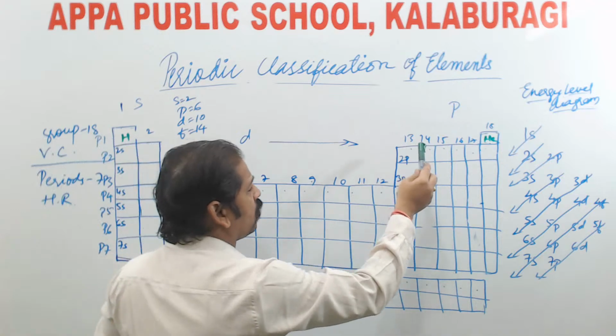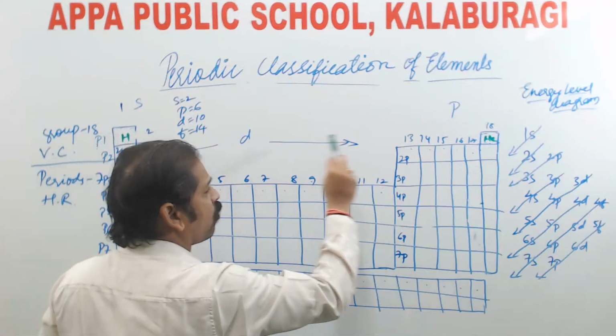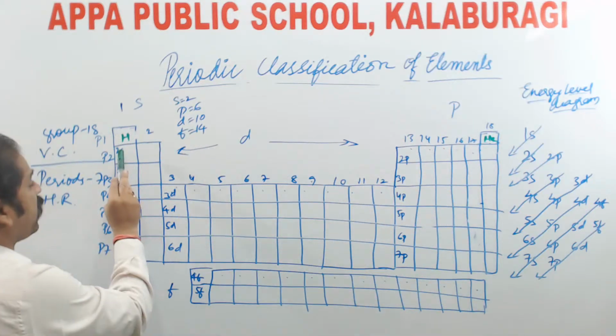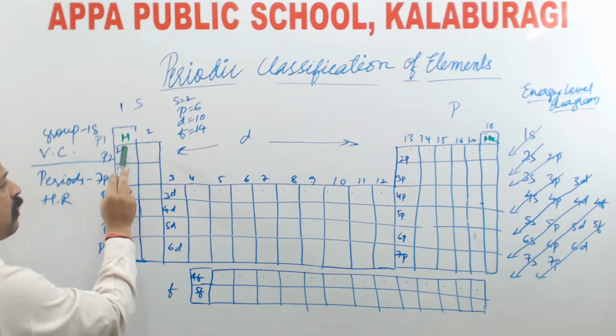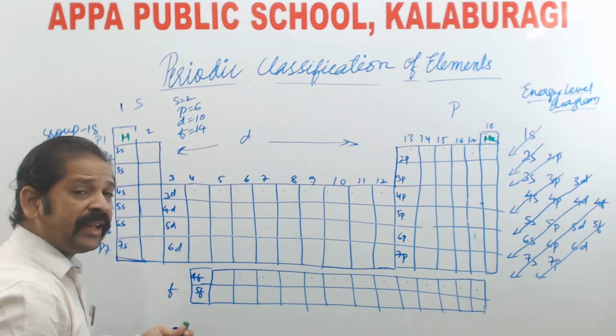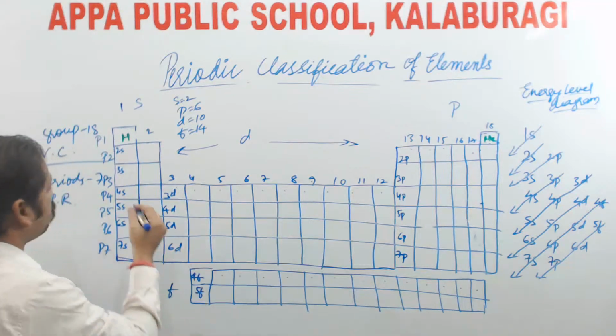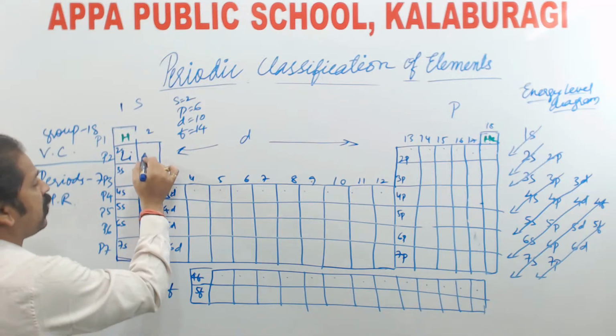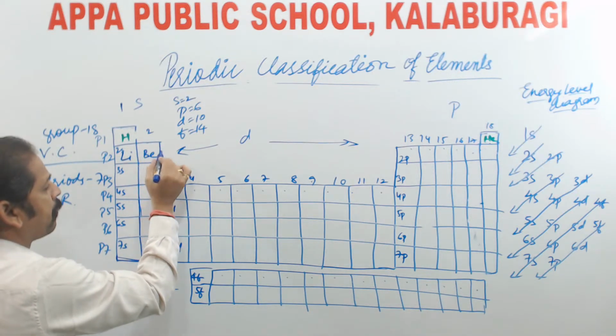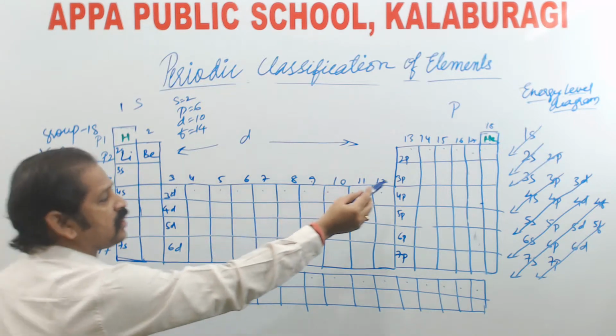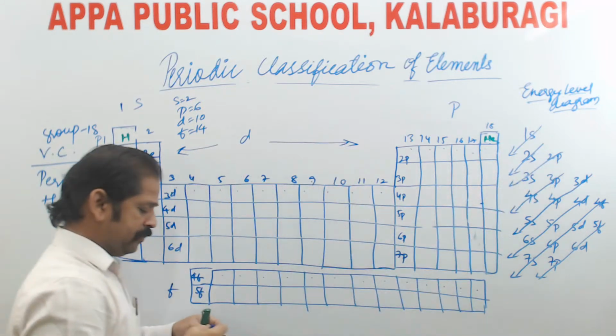After 1s we have only 1s1 and 1s2; there is no 1s3. 2s starts here: 2s1 is lithium, 2s2 is beryllium. After 2s we have 2p.